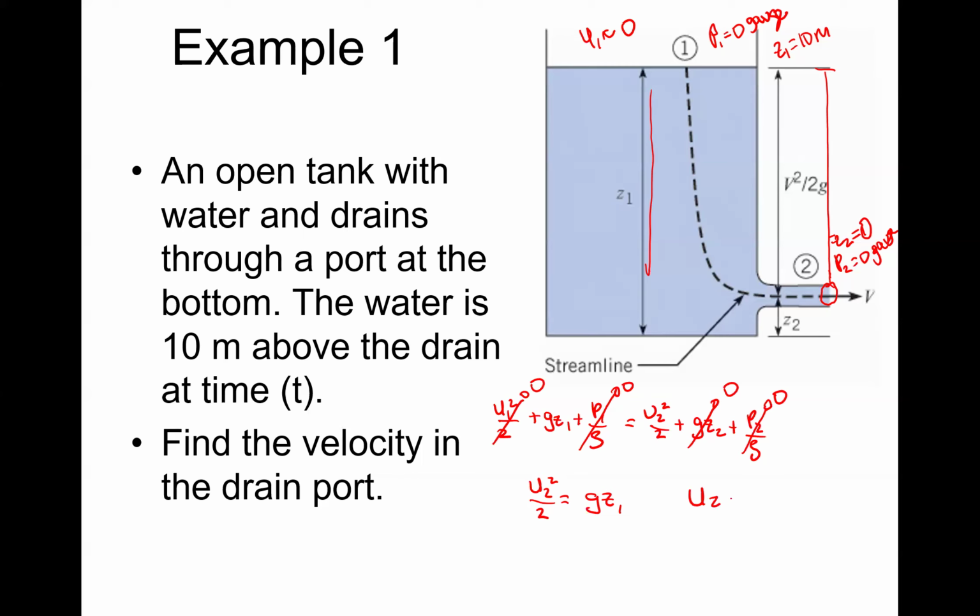That would mean that u2 equals the square root of 2 g z1, which is the square root of 2 times 9.81 meters per second squared times 10 meters.